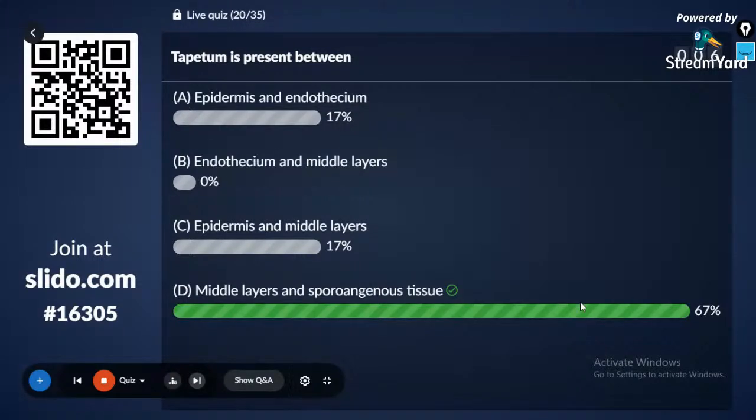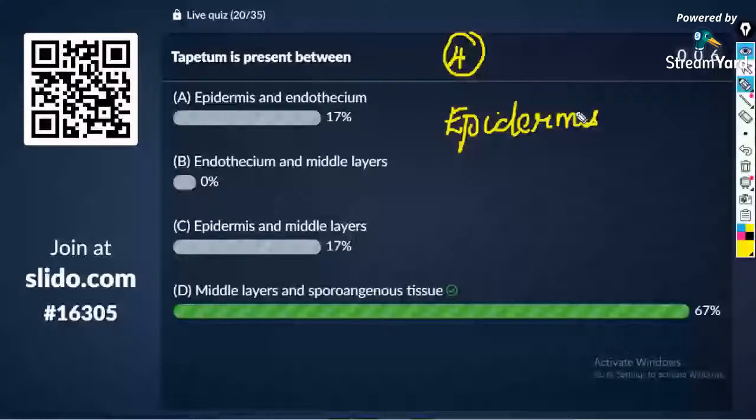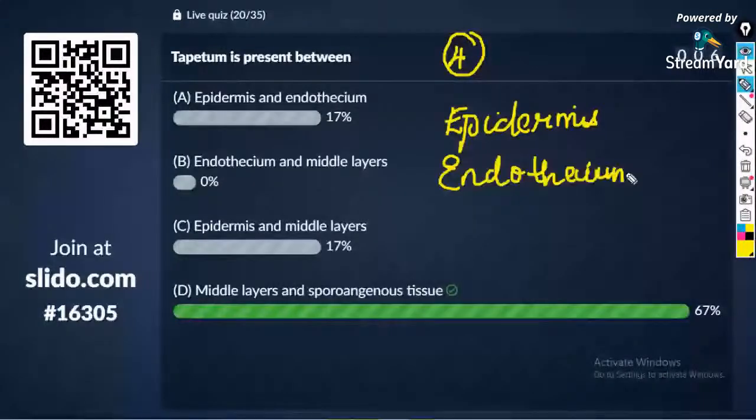Epidermis, endothecium, middle layer, and tapetum. You have 4 wall layers. Anther consists of 4 wall layers. It is epidermis, endothecium, middle layers.